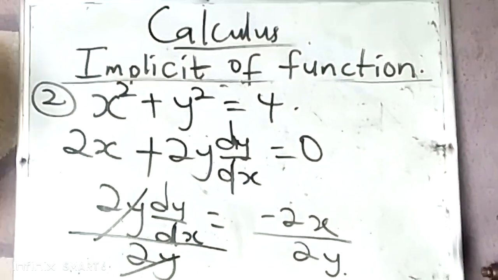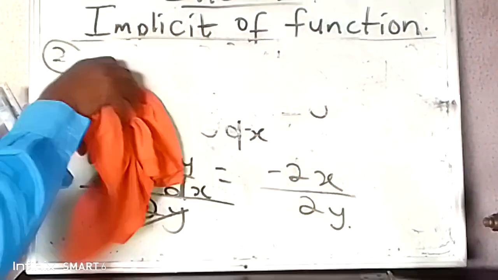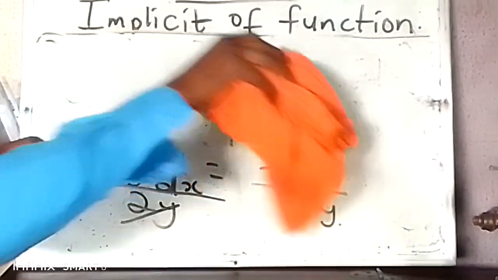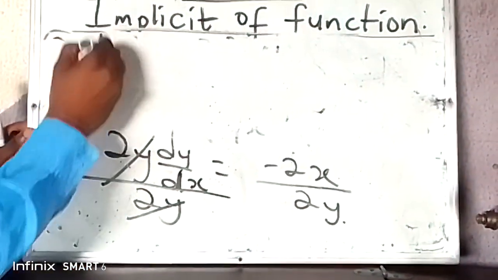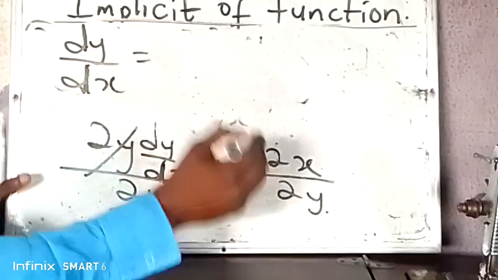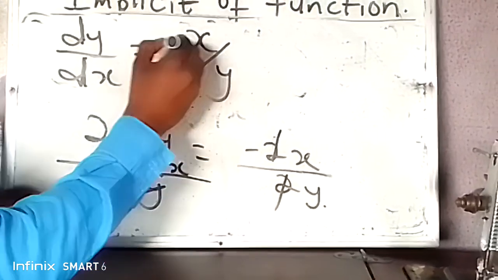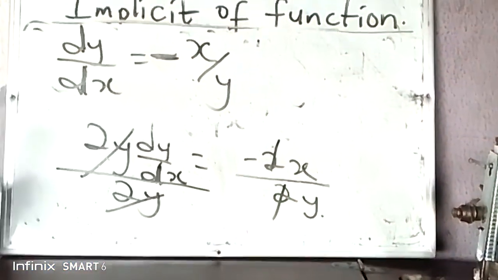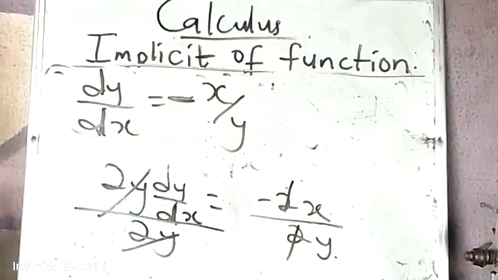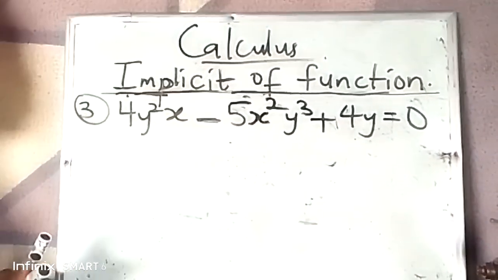That means dy dx will give me what? dy dx is going to equal, 2 cancels 2, minus x all over y. Now let's go to number 3 for implicit functions.